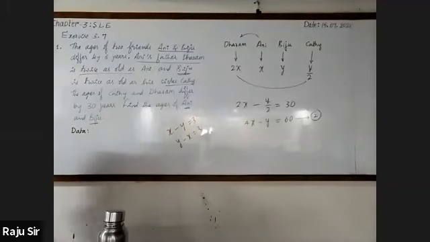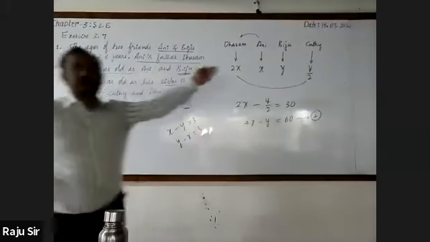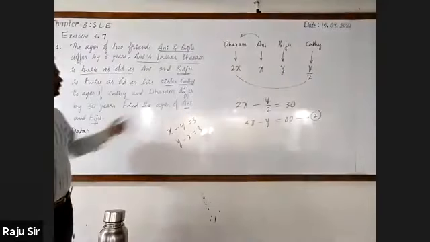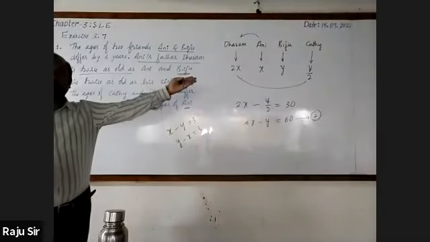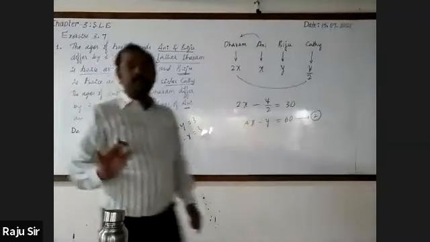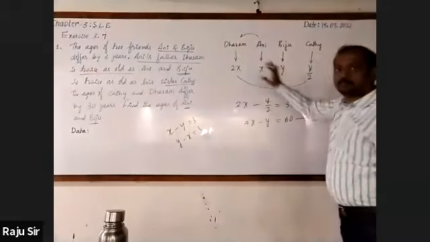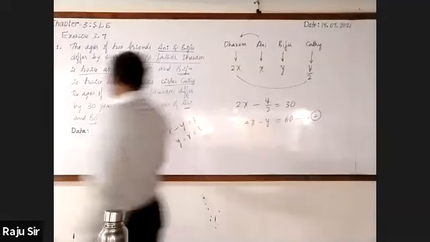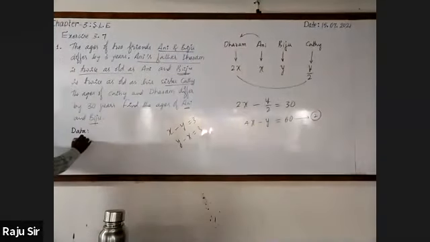As we are going to find out the ages of only Ani and Biju, I have taken their ages as X and Y. For your reference, you may write like this. You can also copy with me. I am writing only for your reference.